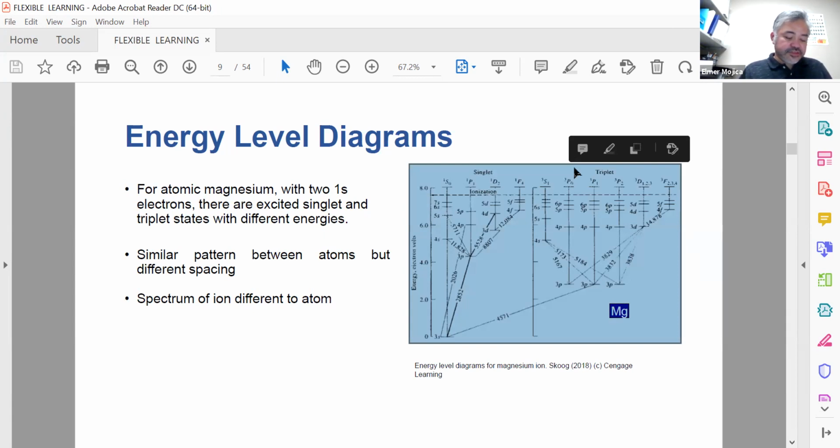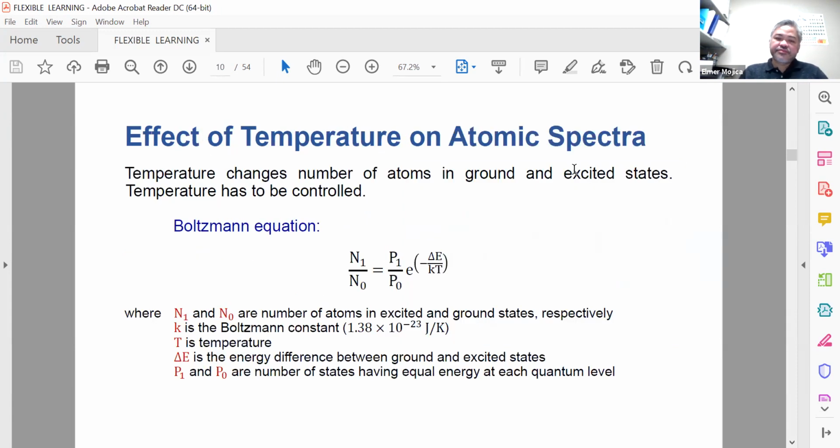If we look at the effect of temperature on atomic spectra, the Boltzmann equation can be utilized here. Temperature changes the number of atoms in the ground and excited states, and temperature has to be controlled.